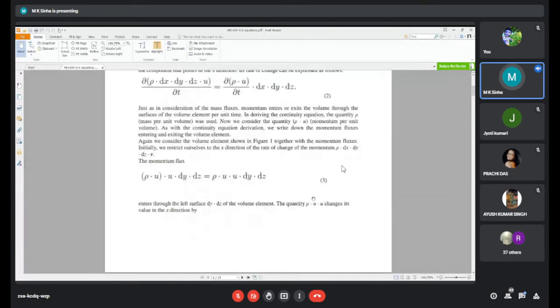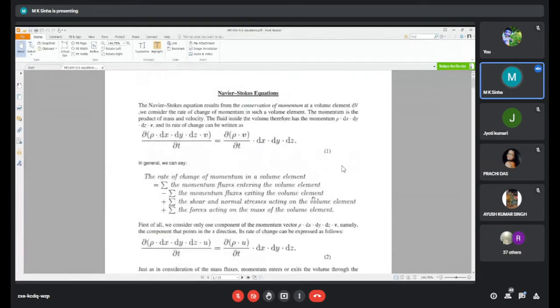So the fluid inside the volume has the momentum rho into dx into dy into dz, the volume, times V. Here V in bold is the velocity vector, not the velocity component along y.